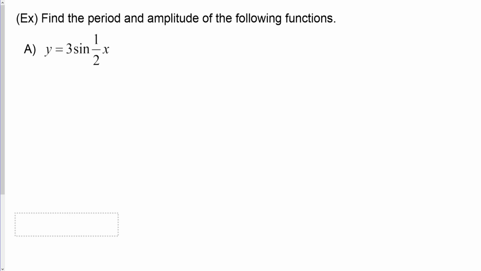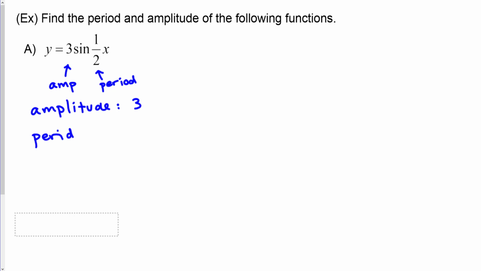So the 3 is an amplitude change because it's a multiplier on the trig function itself. And this is a period change because it's multiplying the angle measure. So to determine the difference in the amplitude and the period, the amplitude is just whatever that constant is. In this case, it's 3.